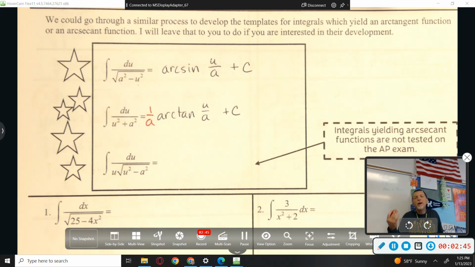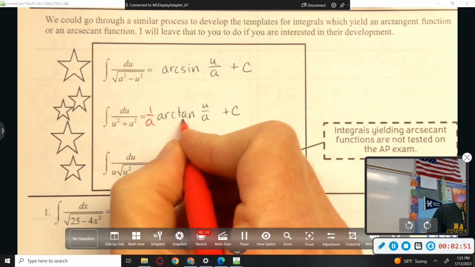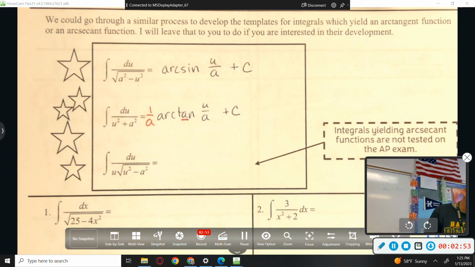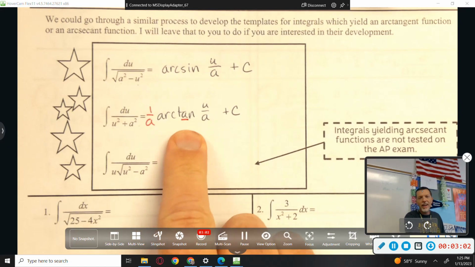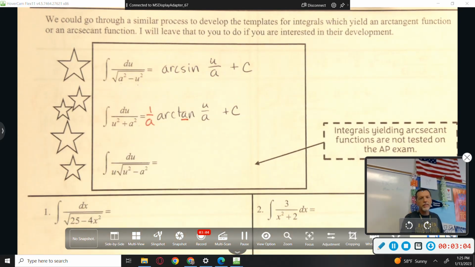Among all the many places to get confused, this is one of those places. How I remember which one has the 1 over a out front and which one doesn't is simply that tangent has an a in it, so it gets an extra a. Tangent has an a in it, so it gets 1 over a out front.